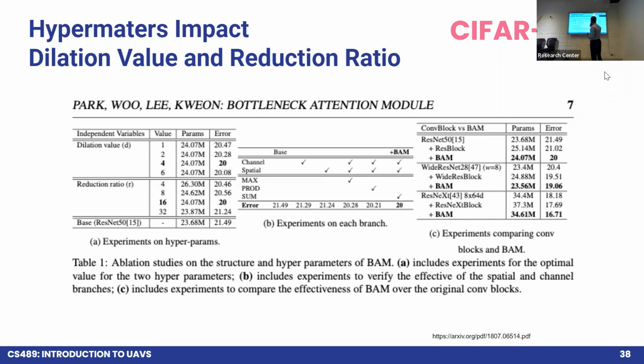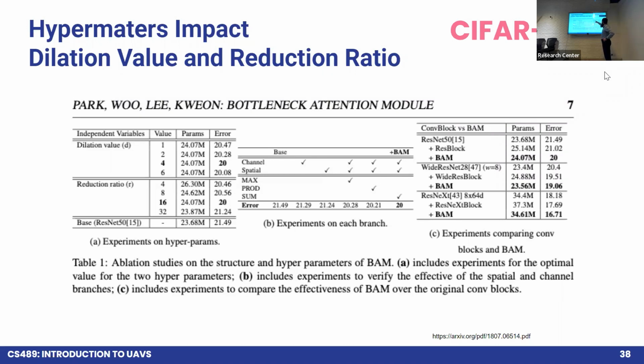They have also applied channel, spatial, and both together. And these are the results. So using the whole architecture, they found that they can get the least error for CIFAR 100. And here, an experiment comparing the convolution.